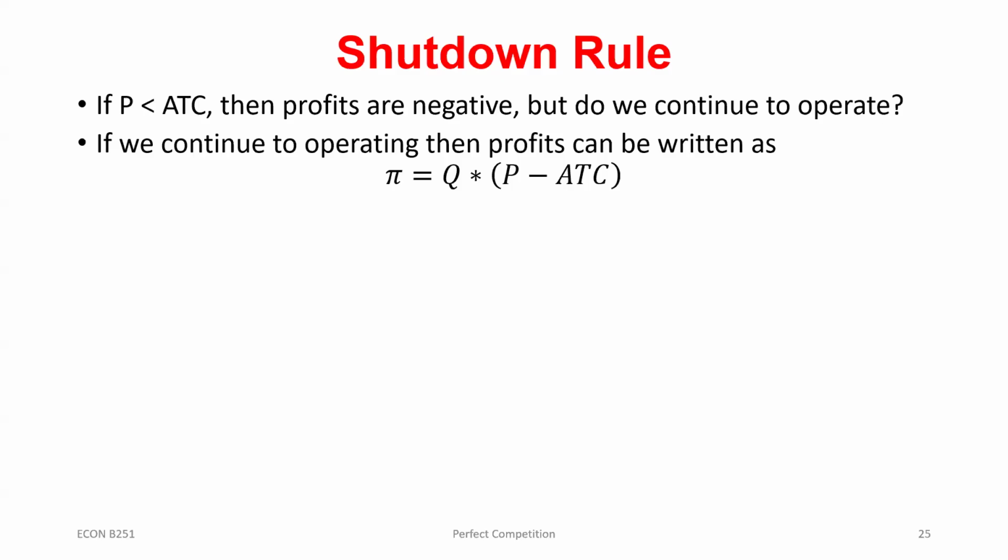So I could rewrite this as, if I'm subtracting average total costs, I'm really subtracting my average variable and my average fixed. Now, what is my average fixed cost? It's my total fixed cost divided by quantity.